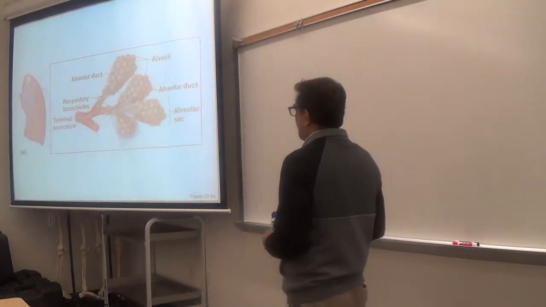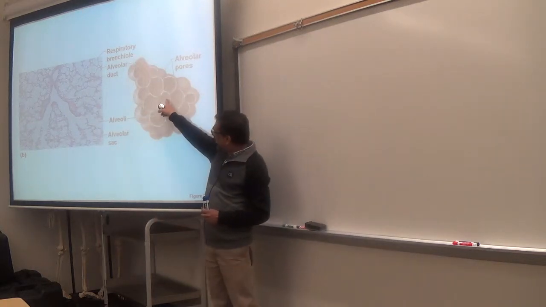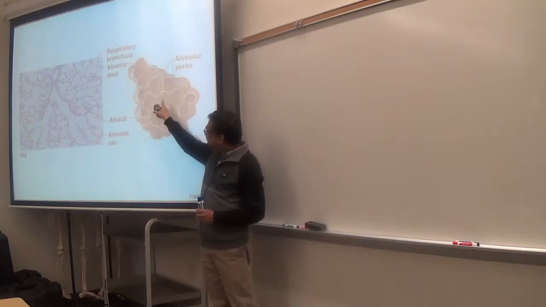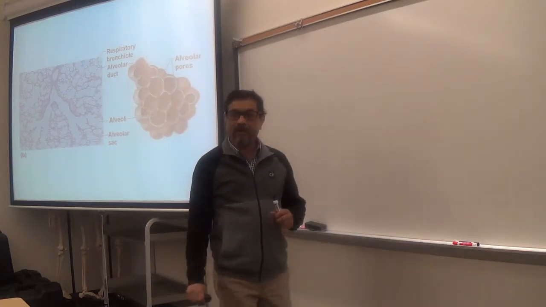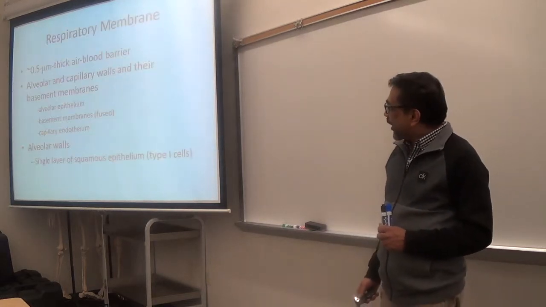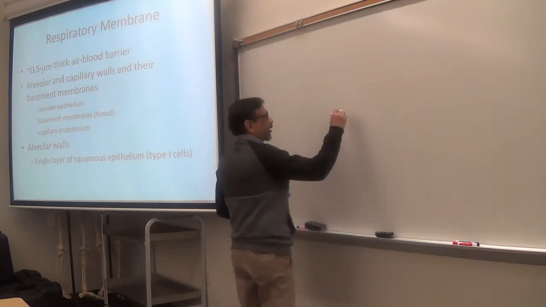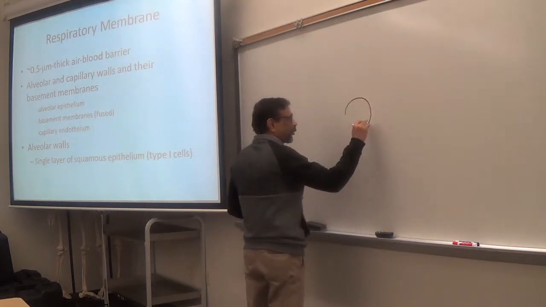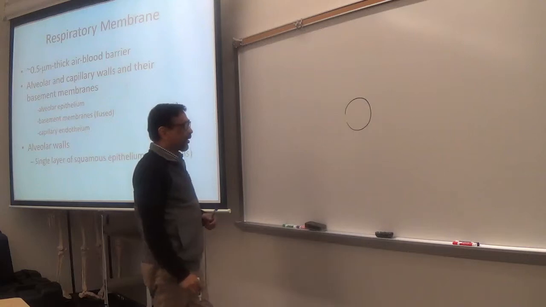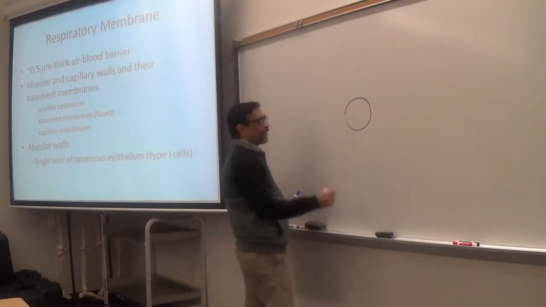And if you see the wall of the alveoli, you will see many tiny holes. Those are called the alveolar pores. And you remember I said that you have in each lung 150 million alveoli.